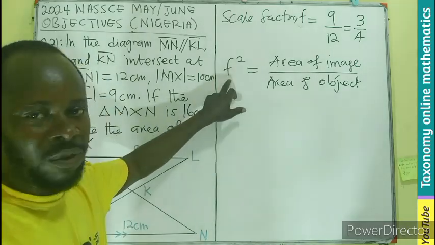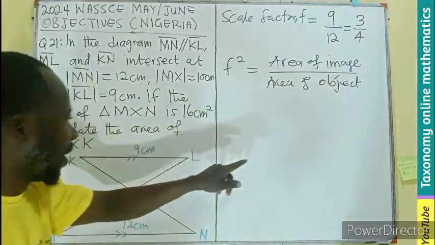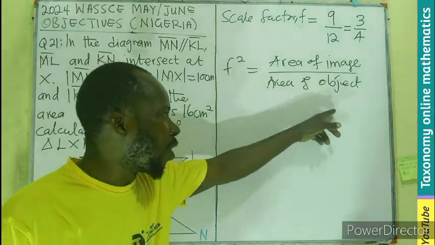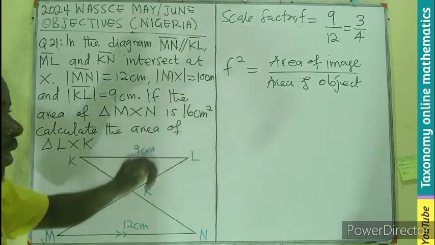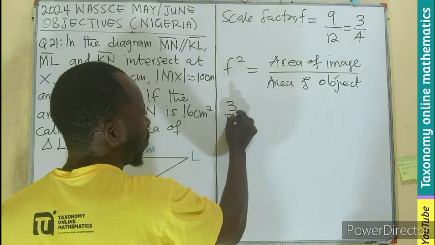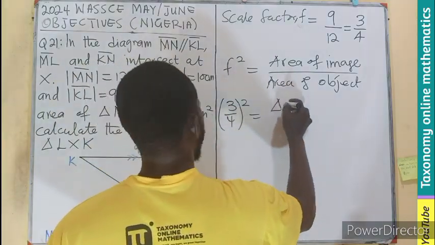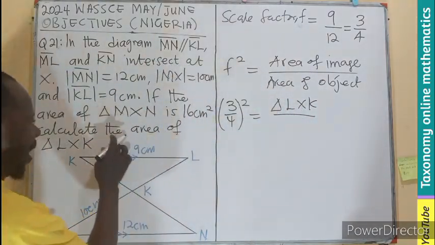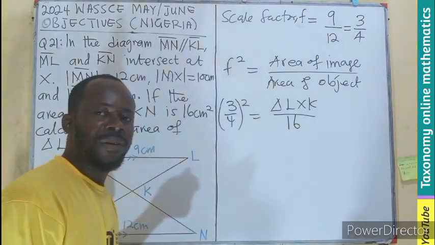Now, so the scale factor squared will produce this. The area of the image is the one we have here, which we are asked to find. Then the area of the object is the one which we have been given as 16. So we can substitute. The scale factor will become 3 on 4 all squared equals the area of LXK divided by the area of this, which is 16.